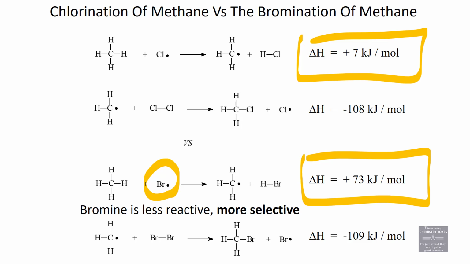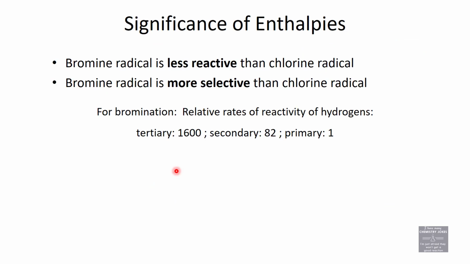It can be more choosy about where it reacts. The chlorine radical is very unstable. It abstracts hydrogens lots of places. But the bromine radical is fairly stable, so it can sit around and wait and pluck hydrogen from only the best choice. Bromine radical, less reactive, therefore more selective.